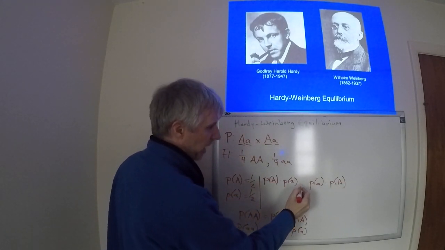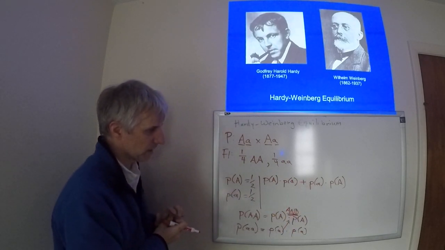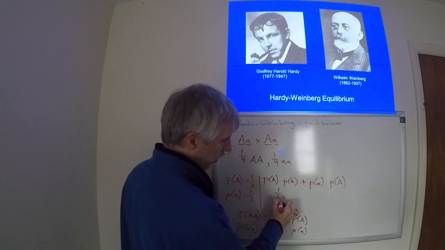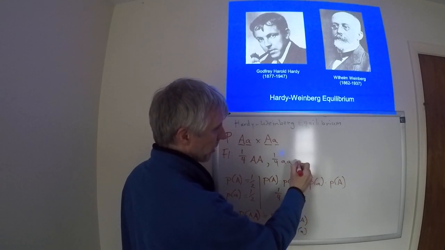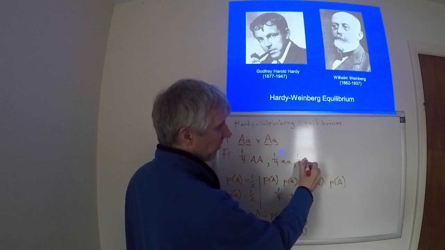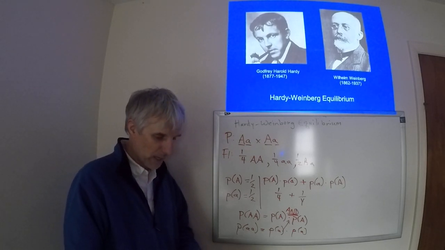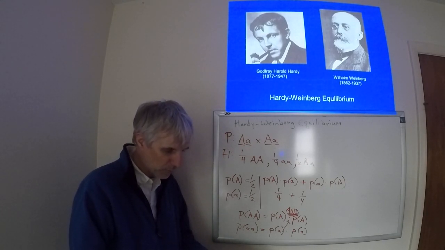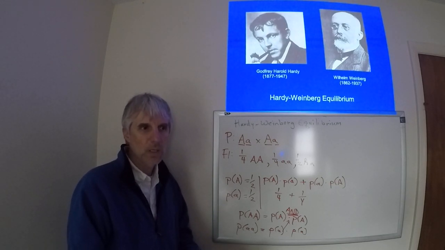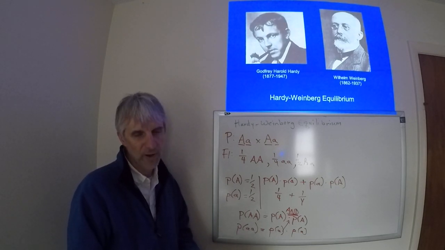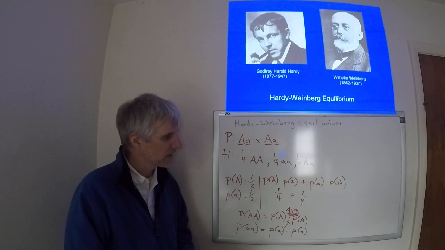"And" is multiplication, "or" is addition. So this would be 1/4 plus 1/4 equals 1/2 probability of the heterozygote. Now, this is the way that Mendel pretty much laid out his probabilities in his 1865 paper on genetics.